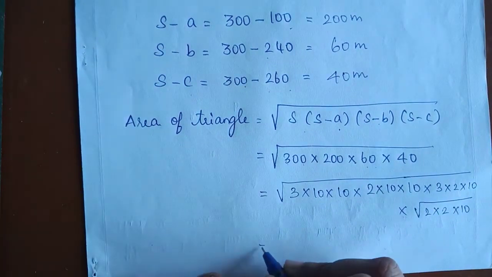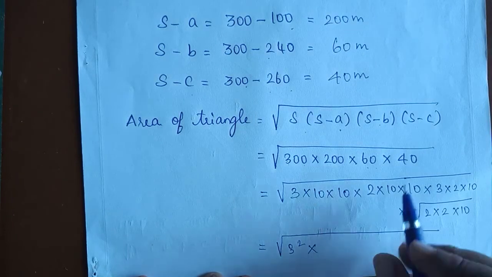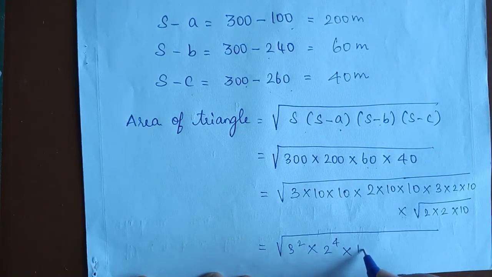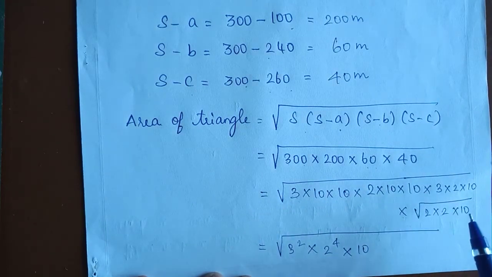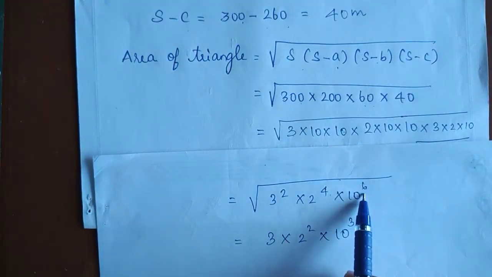Is equal to root of, here you have 3 square into 2 to the power of 4. So 2 to the power of 4 into 10 to the power of 1, 2, 3, 4, 5, 6. So 10 to the power of 6. So area of a triangle is equal to root of 3 square into 2 power 4 into 10 power 6.